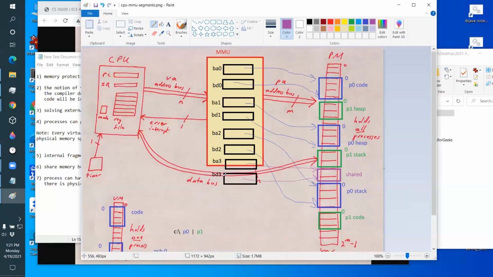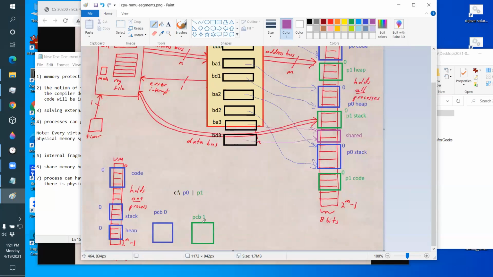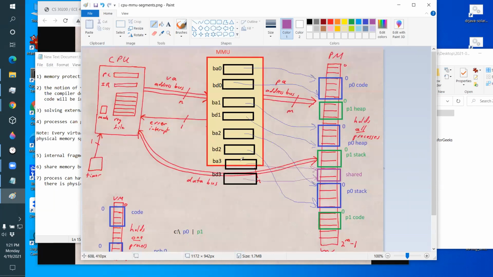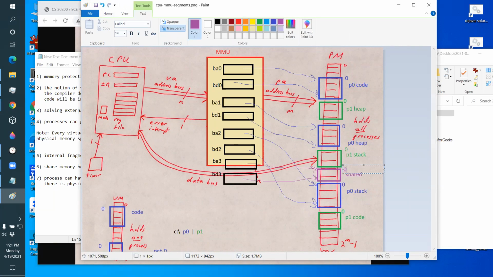When you switch from process 0 to process 1, they'll both have the same value in BA3 and BD3. Their base and bounds register will share a value. That means that they both see the same physical memory space. They both see it starting at address 0. This is another address 0 over here. This is another address 0.